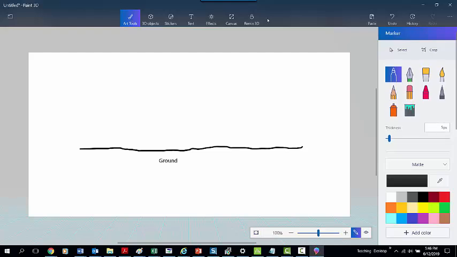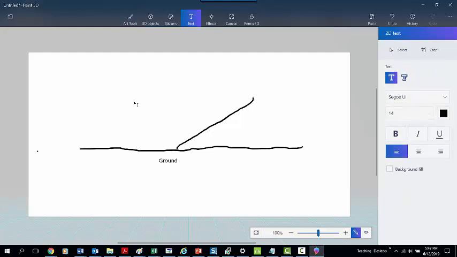Warm front's pretty simple. We're going to start down here. And this is the dividing line between the warm air mass and the cold air mass.